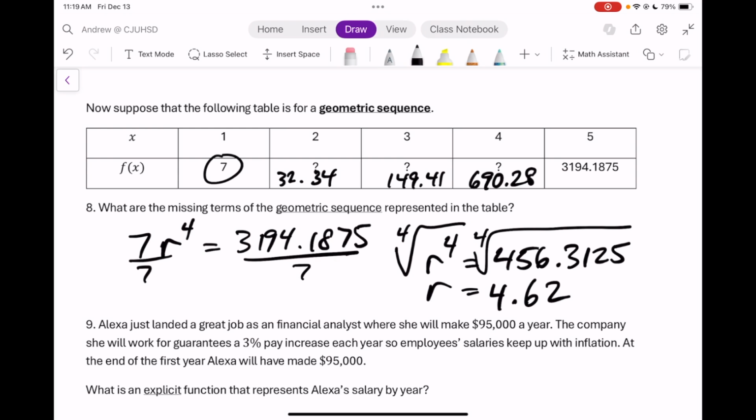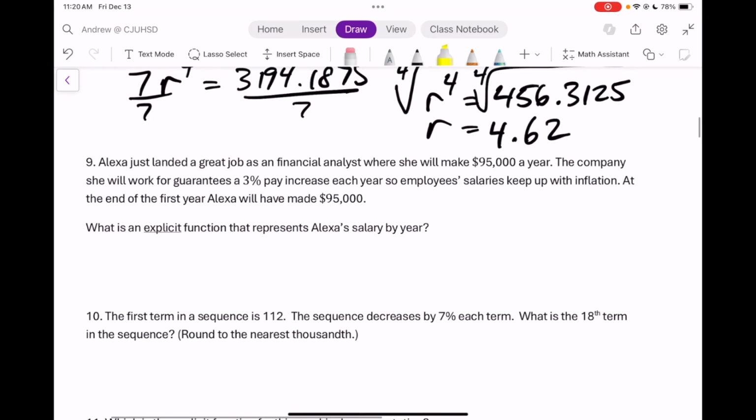Now, if you multiply 690.28 times 4.62, you won't quite get 3,194 where you were supposed to have landed. That's because we had to round off. So don't be worried if you have a multiple choice test coming up. There's only going to be one answer that's anywhere near what it should be.